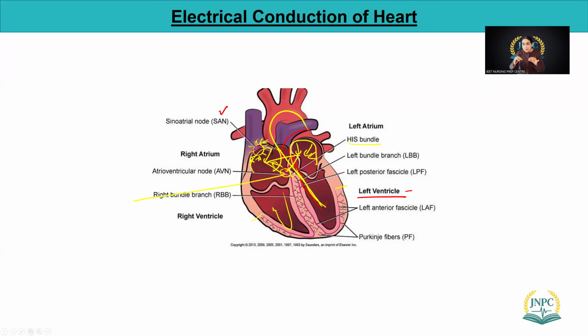From the septum, what is happening now? The impulse will go down, and we have two branches: the right bundle branch and the left bundle branch, and then we have the Purkinje fibers. Up to here, it will stop. So when it is going down at this point, I would say the P wave was forming when the atriums were contracting.